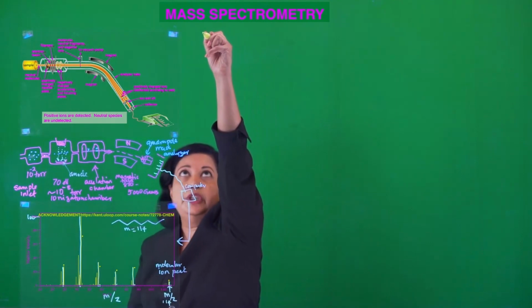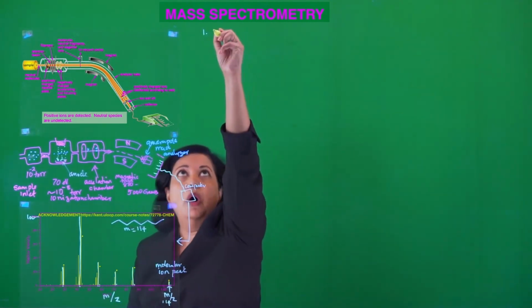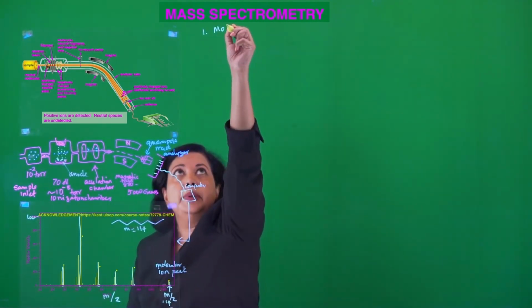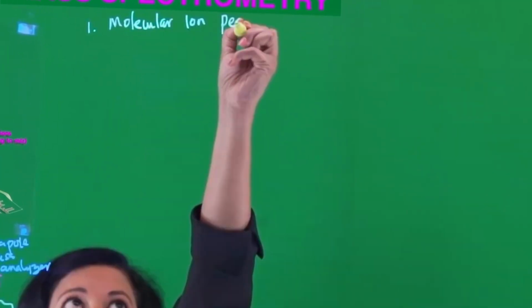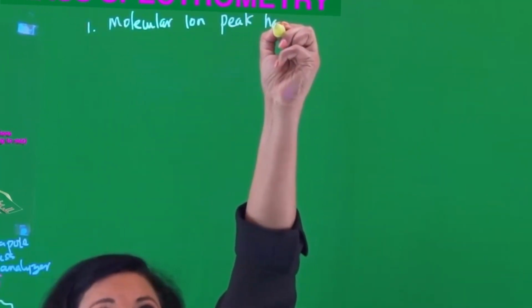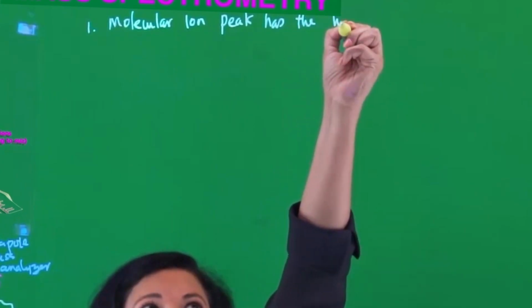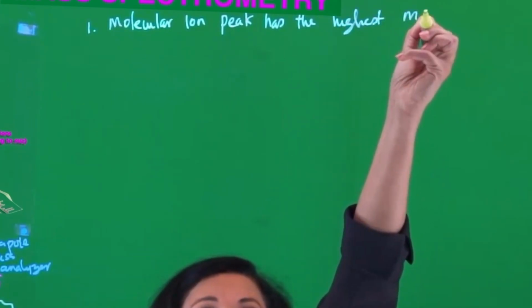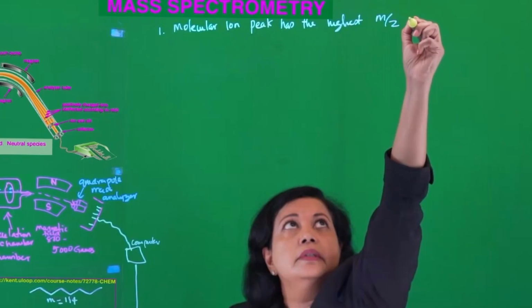Let's write down what we just talked about here. One, the molecular ion peak has the highest m over z value.